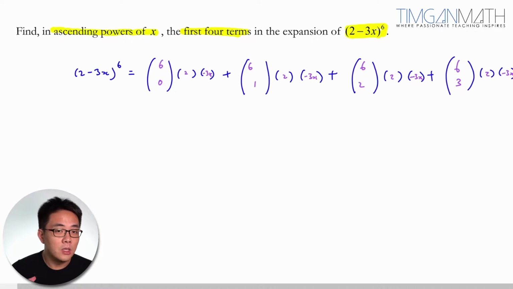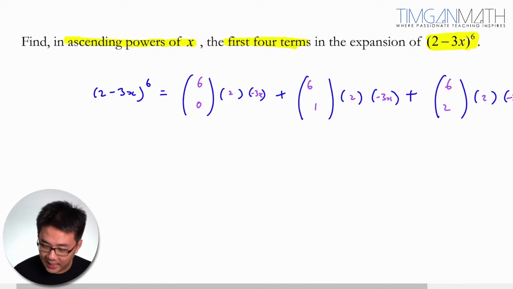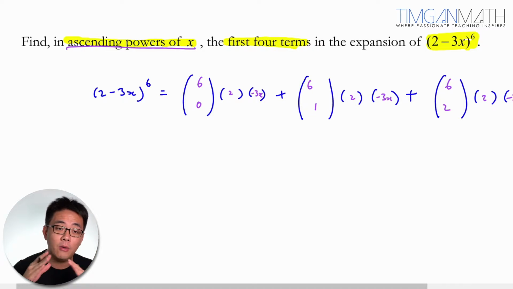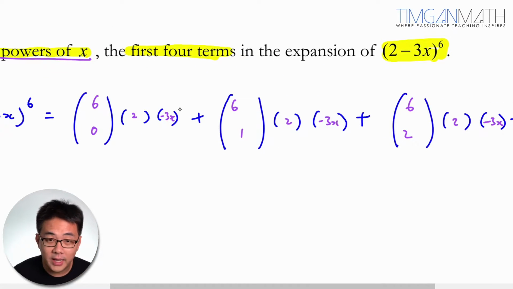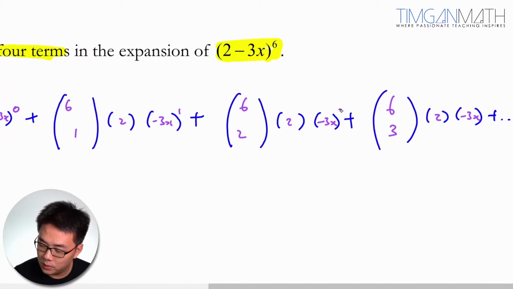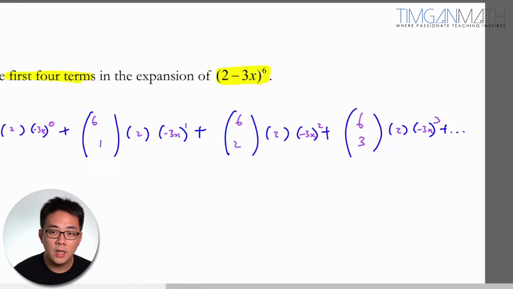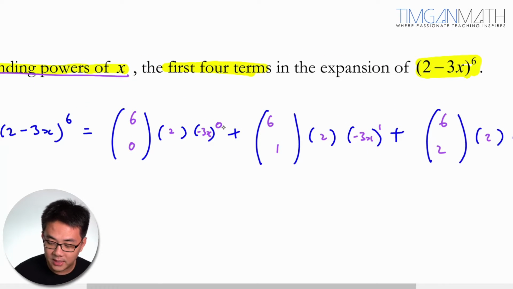Since you want ascending power of x, you want the power to go up for x. So x in this bracket has to be 0, 1, 2, and 3. Then the other one will be descending. One ascends and the other descends.